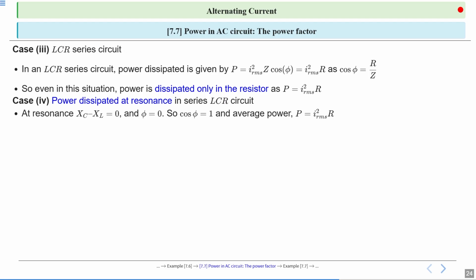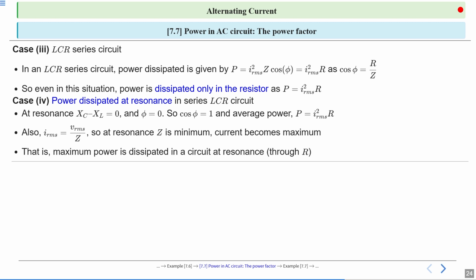That's why average power will become IRMS square R. So the resonance case is similar to a purely resistive circuit. Also IRMS equal to VRMS upon Z. So at resonance, Z is minimum and current becomes maximum. That is, maximum power is dissipated in a circuit at resonance through R.